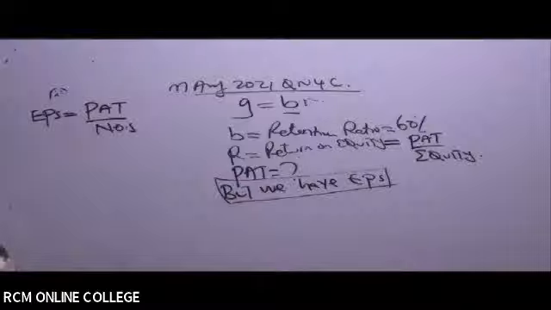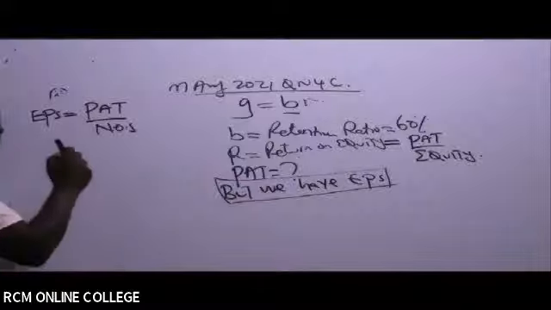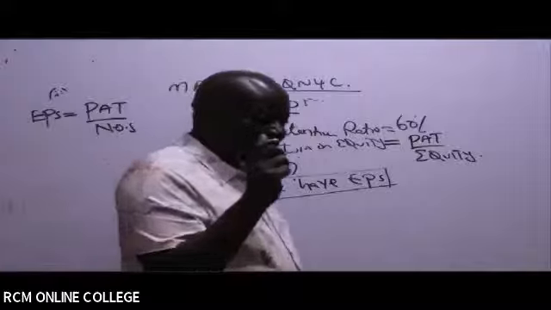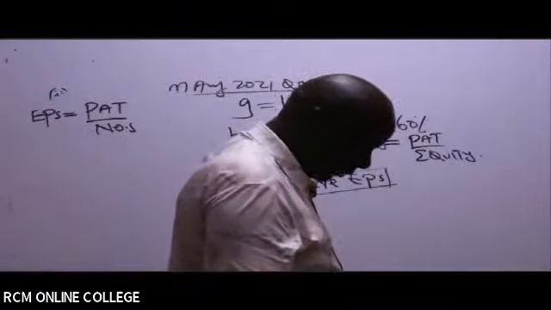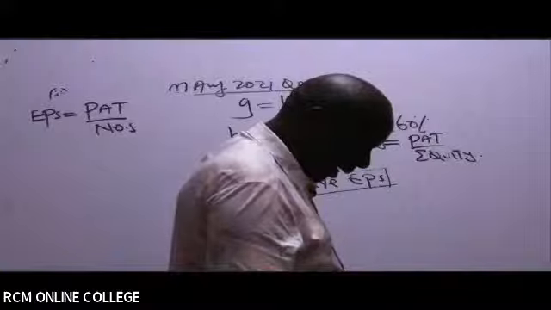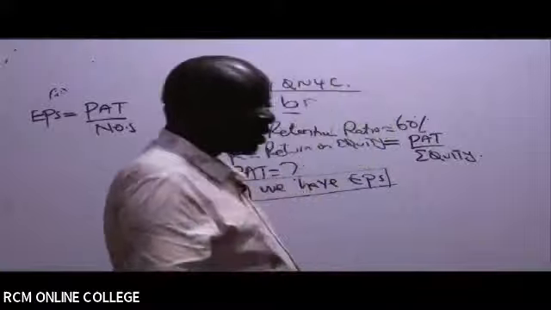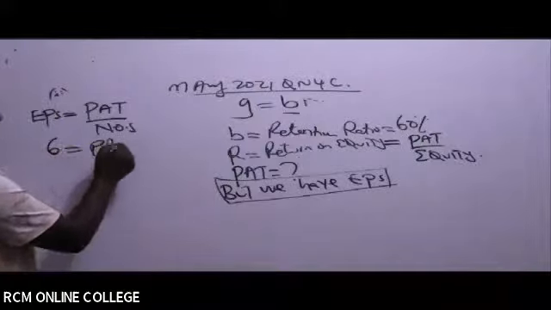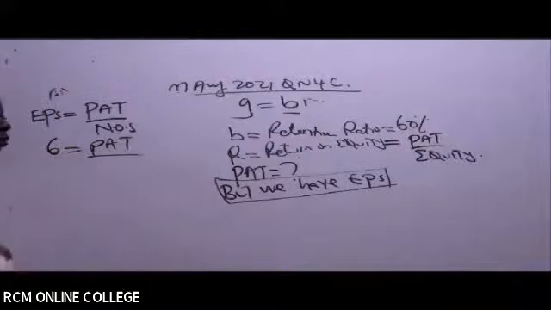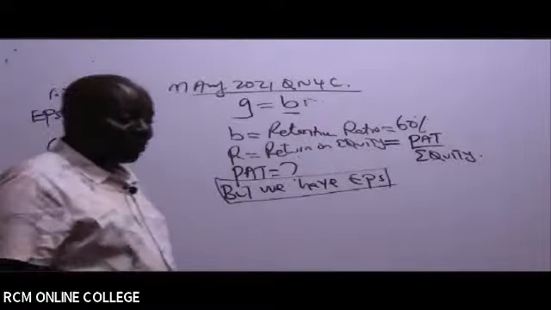All right. So if you look at this question, what is the earnings per share from first sentence? From the first sentence, earnings per share ni ngapi? Current earnings per share is how much? Is 6, which will be equal to PAT over number of ordinary shares.